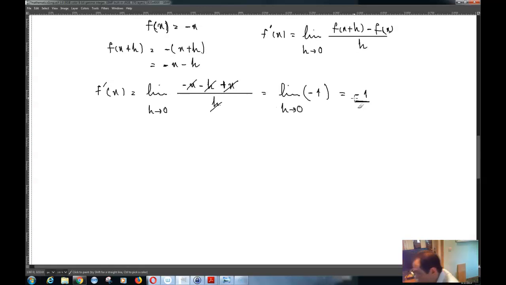And one more thing that you can see here is that usually when you have some function f of x, when you calculate f prime of x, you will have some power of x over here.